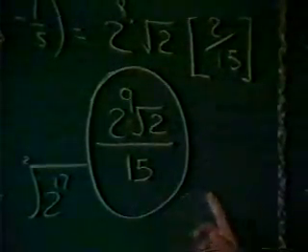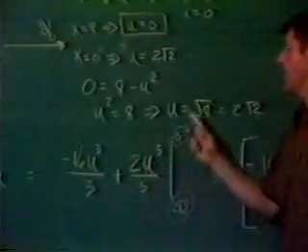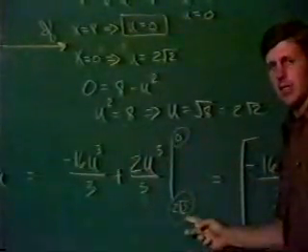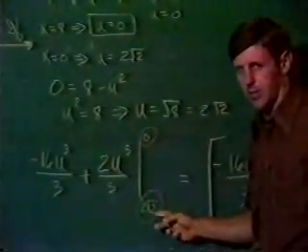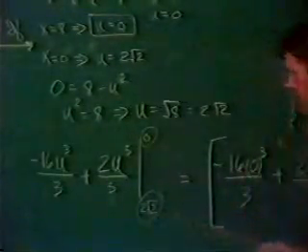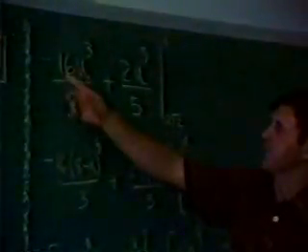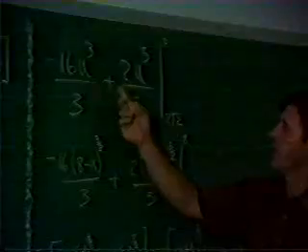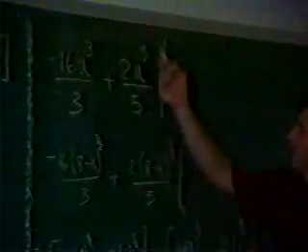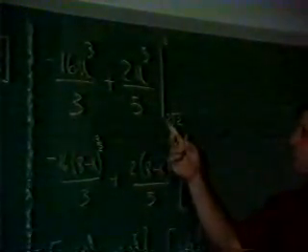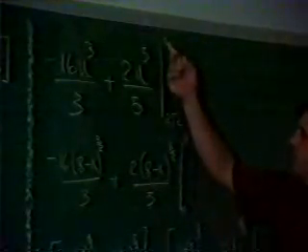The point that I think you must understand is that had I, back over here, decided to return to the variable x and use the limits for x, I would have gotten exactly the same number. All right, as evidence of that, let's move right over here on the far board. I have minus 16 u to the third over 3 plus 2 u to the fifth over 5, the limits for u, 2 times the square root of 2 to 0.